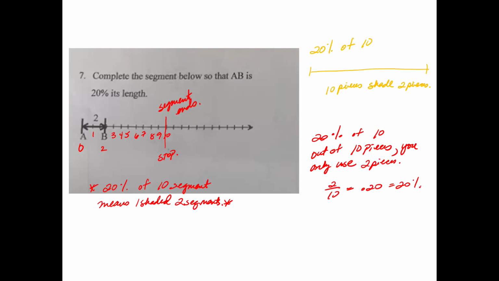Do you see that? 2 out of 10 is 0.20 equals 20%. You're not coloring 10, you're stopping at 10. It's saying, how long do I need to keep making this go? So I'm only using 20%. From A to B, it's 2. From 0 to 10, that's 10 pieces. 20% of those 10 pieces is just right here. So that's why you have to stop right here.